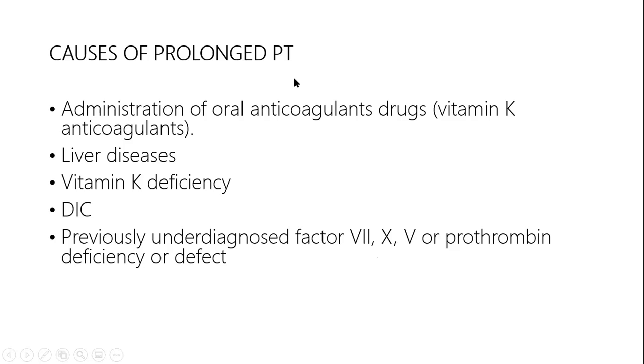So again guys, if the PT of the patient is prolonged, you have a general idea that probably the patient is having some abnormalities in his or her extrinsic coagulation pathway, or the patient might be having some deficiency or defect in any of the clotting factors here. Clotting factor 7, 10, 5, or clotting factor 2.